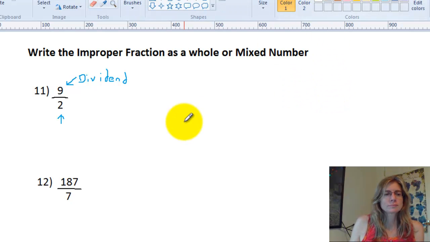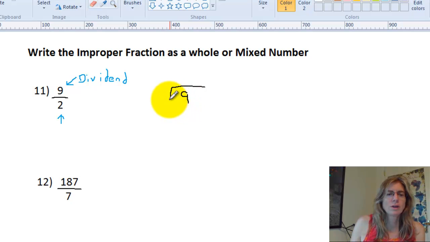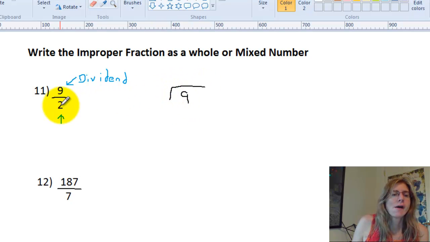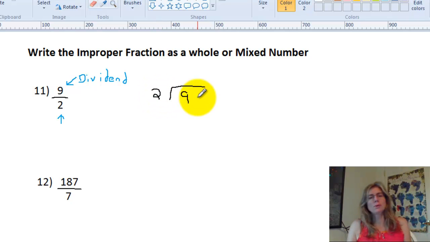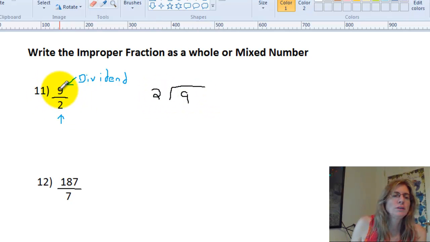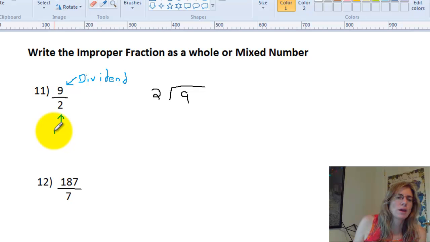So 9 is the dividend that goes under this box, and the divisor 2 goes down the outside. So you're putting 2 into 9. So when you're looking at a fraction, it's that way. All right, and this is the divisor.